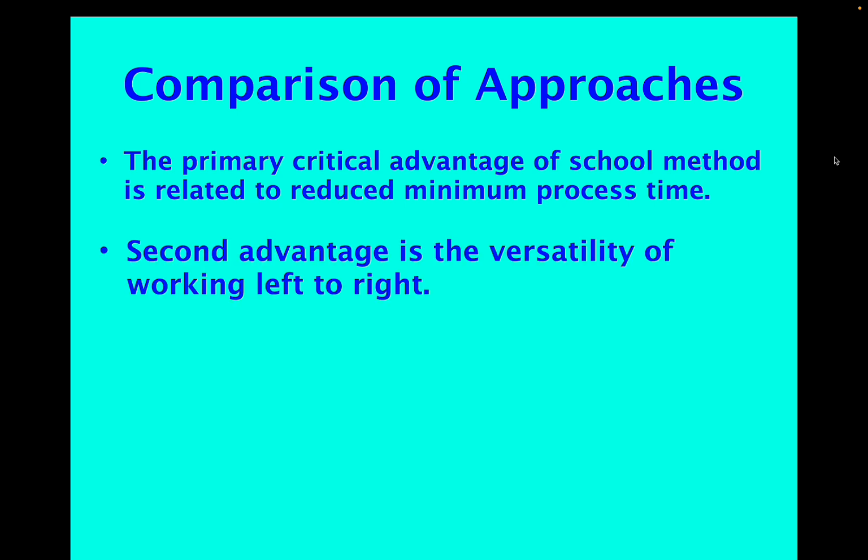The second advantage of the school method is working from left to right. This has a variety of benefits. First of all, if you're in a situation where you're expected to answer from left to right and you cannot write down the answer a digit at a time or type the answer a digit at a time, then using school method is going to be critical. Second of all, solving from left to right allows you to estimate the answer much more quickly.